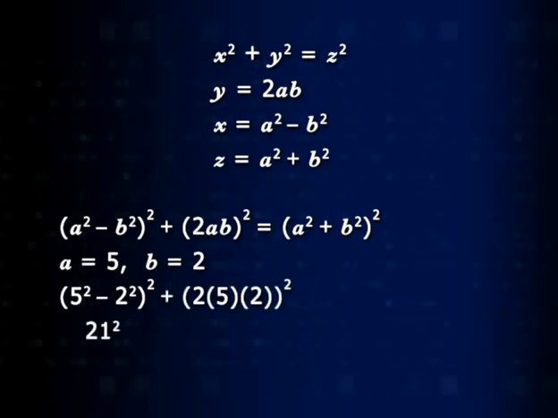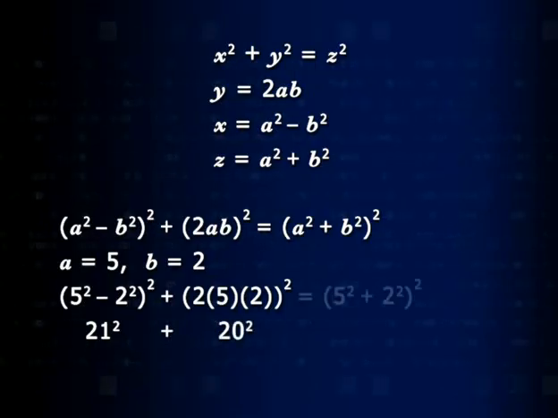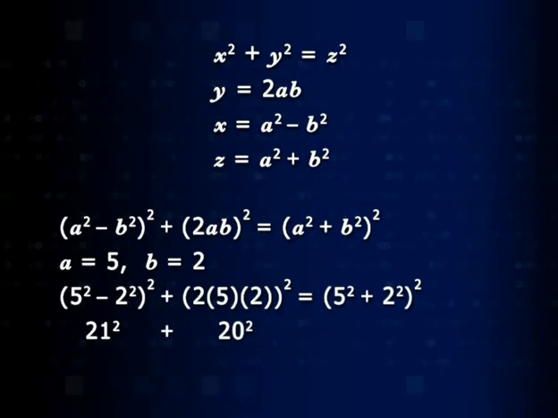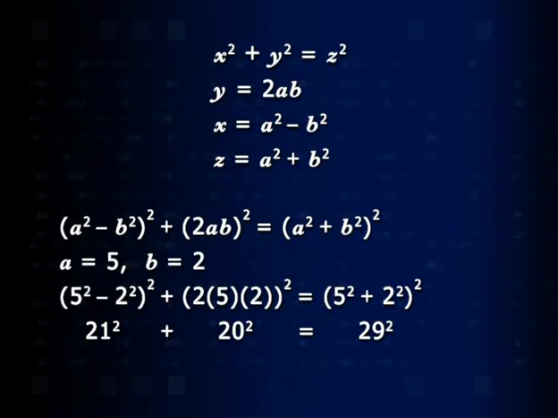Y would equal 2 times 5 times 2, which would be 20, and z would be the sum of the squares, 5 squared plus 2 squared, which is 25 plus 4, or 29. So we see 21, 20, 29 when we plug in a equals 5, b equals 2.